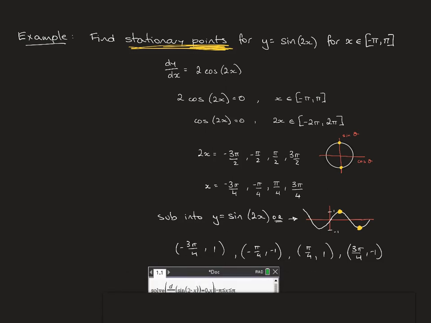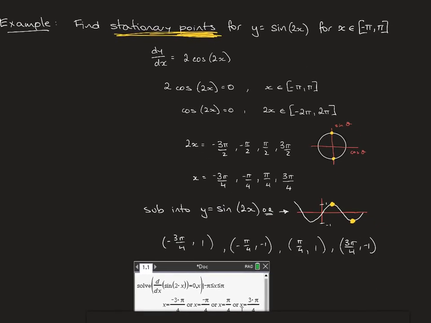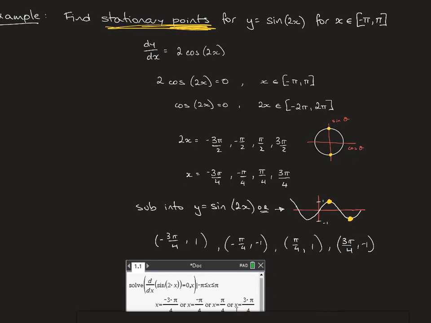If you are asked to do this on your CAS, which is what I've done here, let's just move that up a little bit, then you can see I haven't found the derivative and then let it equal to 0. I've done the whole thing all at once. And to get it to give me just the values that I need, I've restricted the domain for the function, and you'll notice that it's outside the solve function.